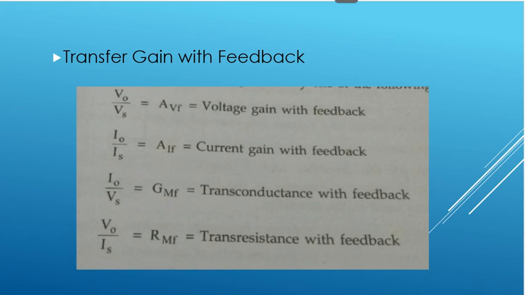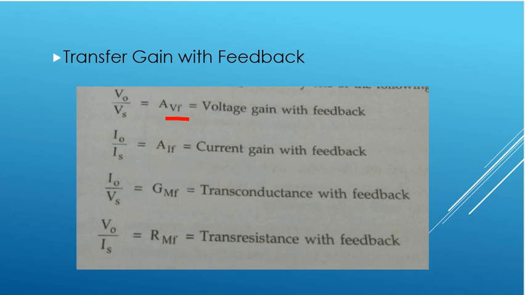Now the transfer gain with feedback is represented with these notations. The voltage gain with feedback is notated AVF, the ratio of the total output voltage V0 to the signal source Vs, whereas in the basic amplifier we consider only the output V0 and the input to the basic amplifier, which is only Vi.